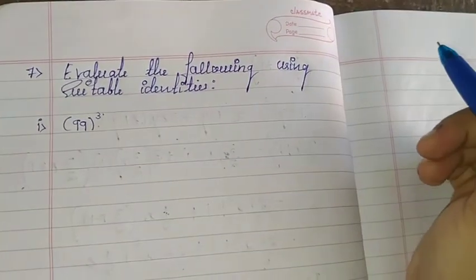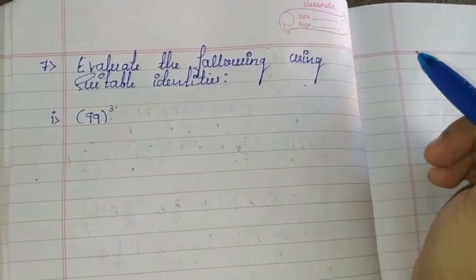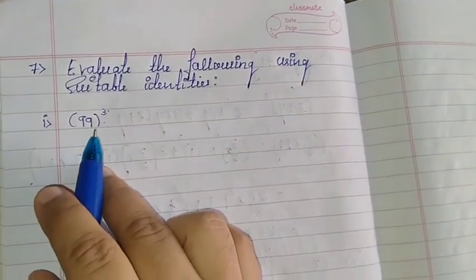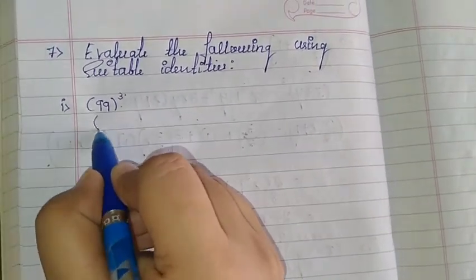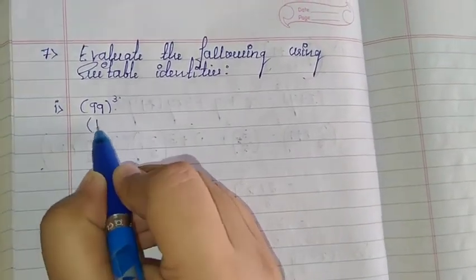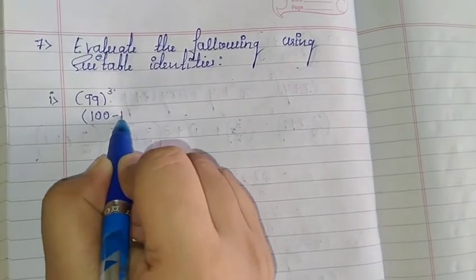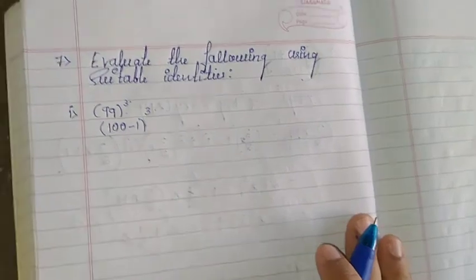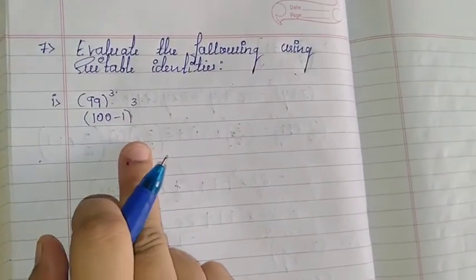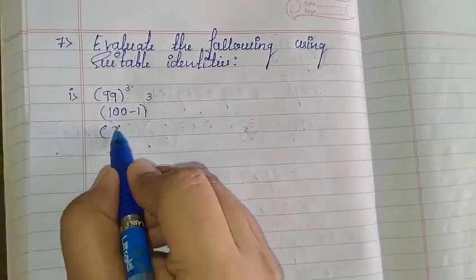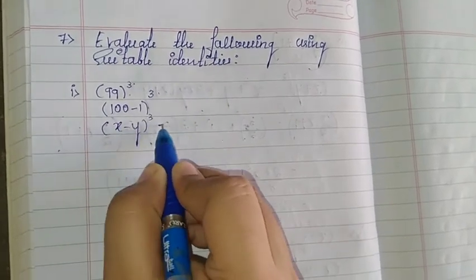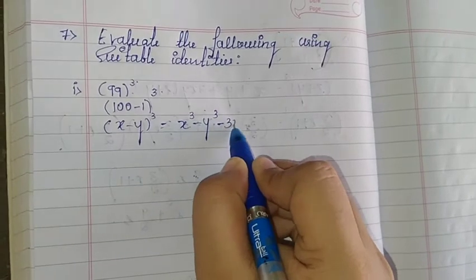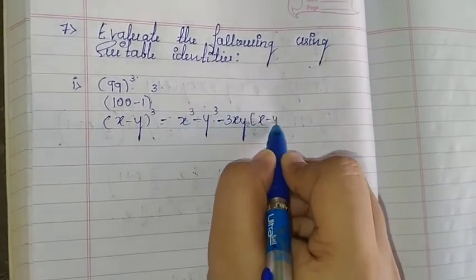Okay, so evaluate the following using suitable identities. Okay, so now see here 99 the whole cube is there, right? So what you have to do over here is you can write this 99 as 100 minus 1, isn't it? So (100 minus 1) the whole cube. Okay, so now you can easily judge that this is in the form of which identity now? (x minus y) the whole cube is equal to x cube minus y cube minus 3xy into (x minus y), isn't it?